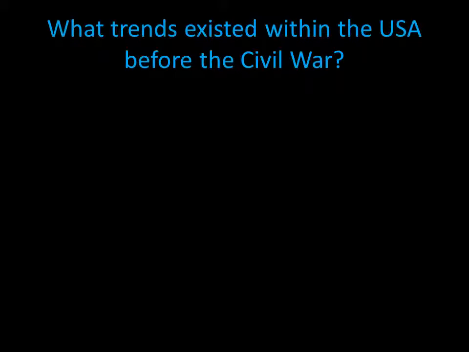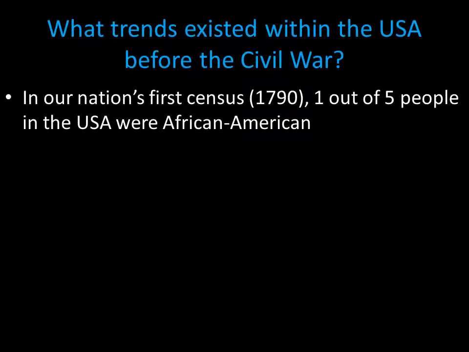The first question we have to ask ourselves is what trends existed within our country before the Civil War? And again, we're focusing on the African American population of our country. Our nation conducted its first census in 1790.